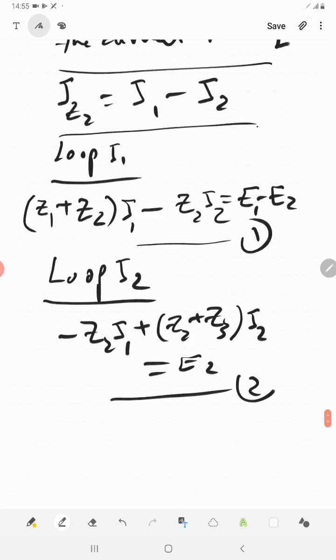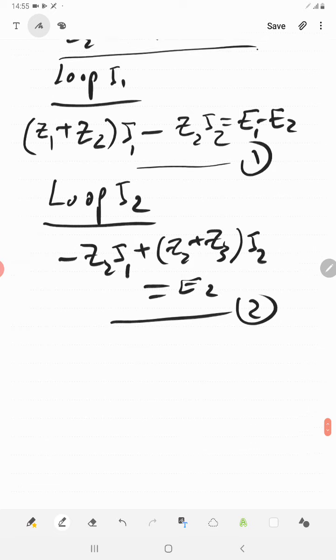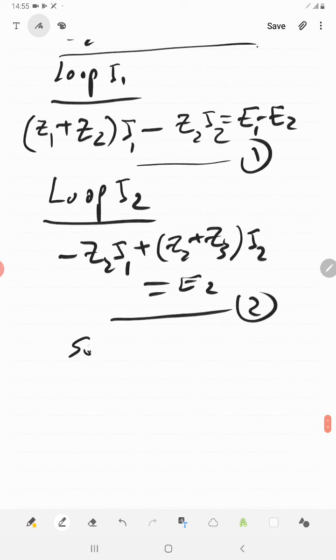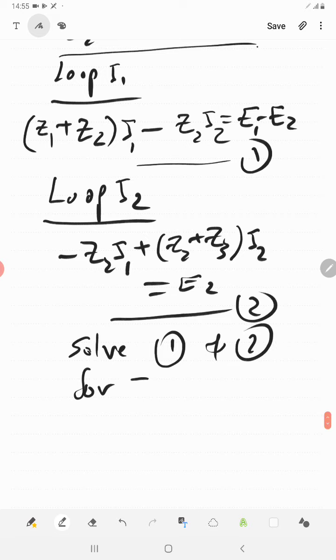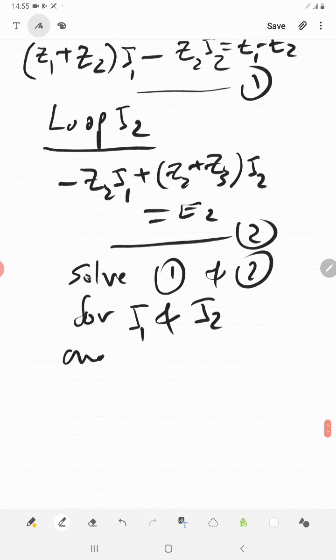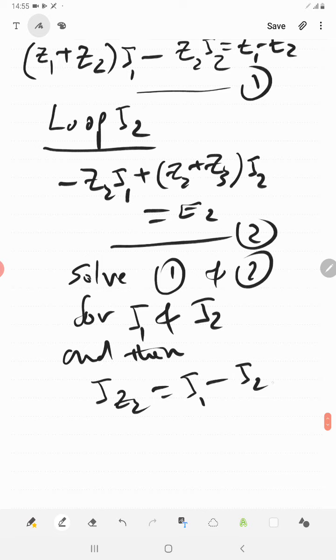So this is equation 2. So solve 1 and 2 to determine I1 and I2. And then we have IZ2 equal I1 minus I2. Okay?